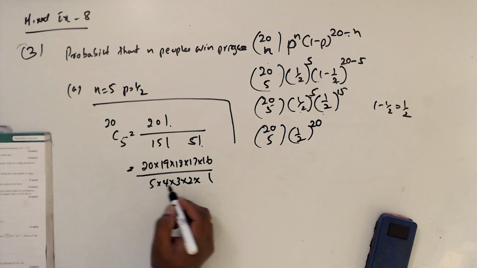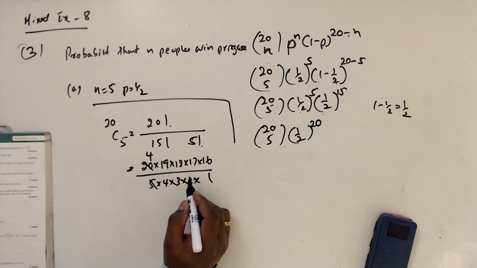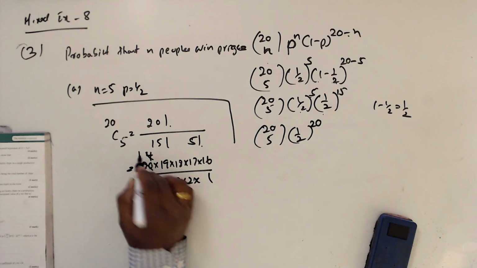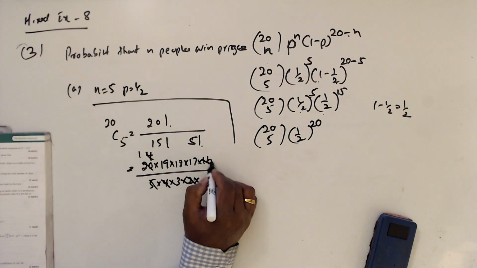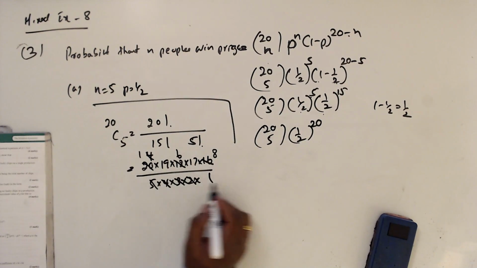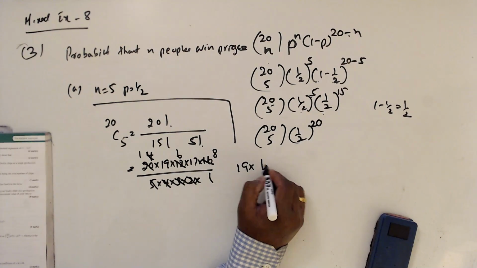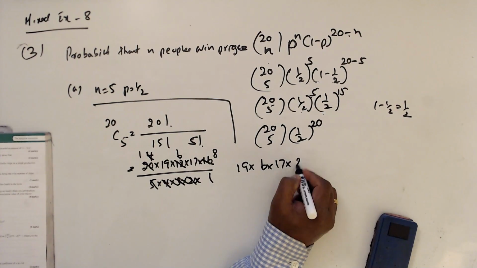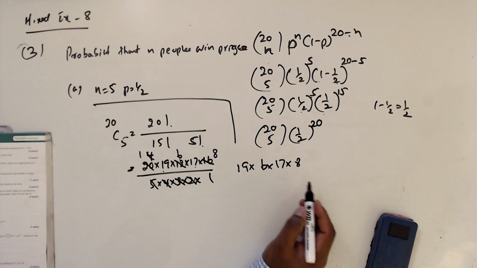So this is 5 and this is 4, and this is 4 and this is 1. This is 2, this is 8, and this is 3, this is 6. It means 19 times 6 times 17 times 8.